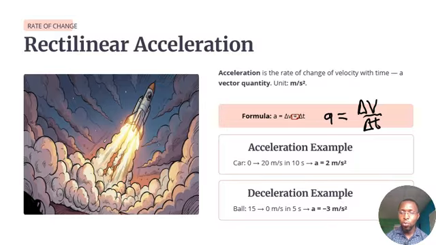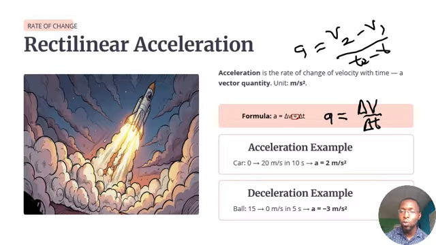For example, a car that starts moving from rest, as in from zero, and gradually increases velocity from 0 to 20 meters per second within a time interval of 10 seconds. By formula, acceleration is change in velocity, which is v2 minus v1, over change in time, t2 minus t1.